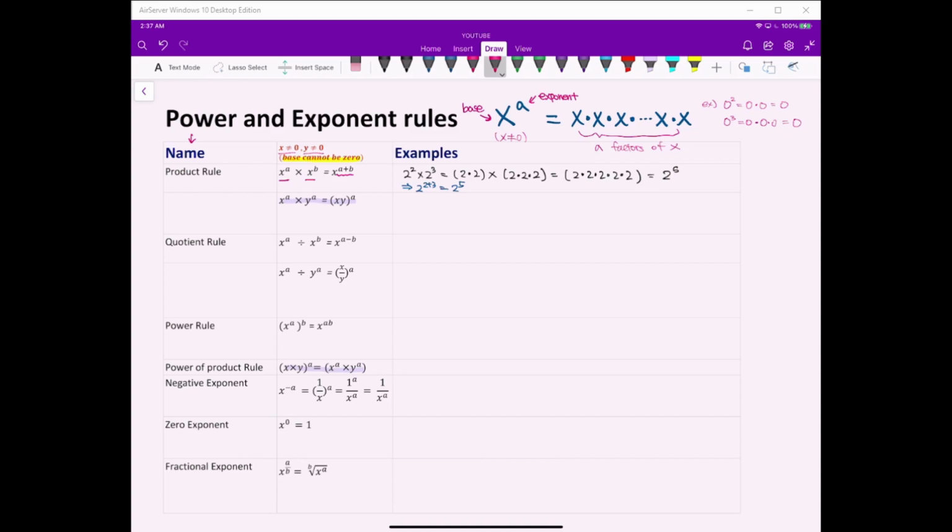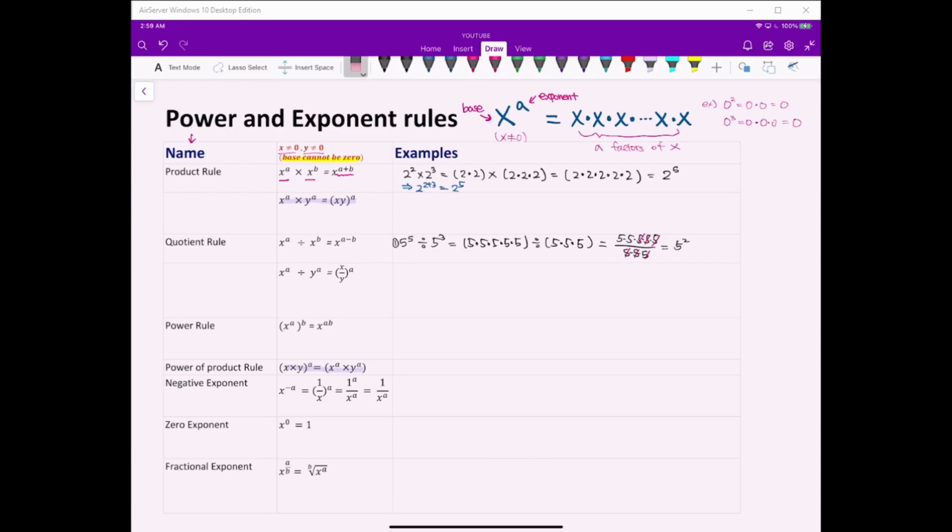For example, say we have 5 factors of 5 divided by 3 factors of 5, which is 5 multiplying 5 times, divided by 3 factors of 5, which equals 5 fives over 3 fives, and you can simplify those 3 fives on each side of the fraction, and that equals 5 squared.